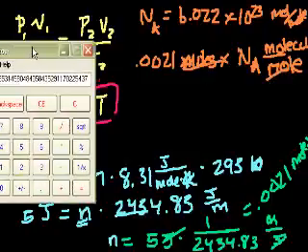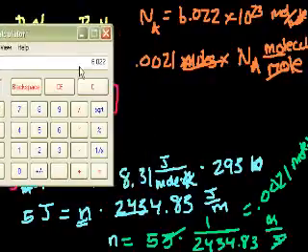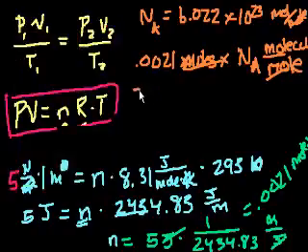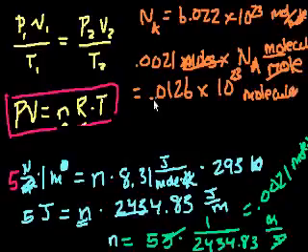And Avogadro's number is 6.022 times 10 to the 23. Let's just multiply that times 0.0021. So this equals 0.0126 times 10 to the 23 molecules.